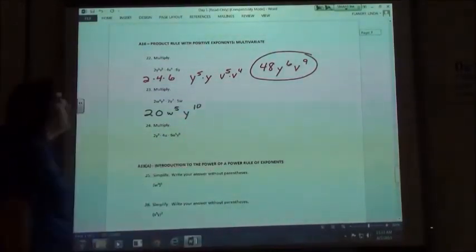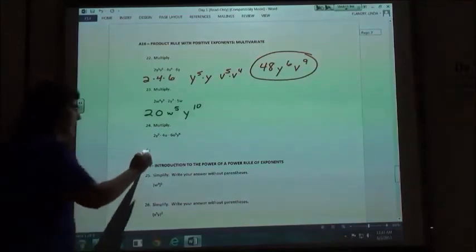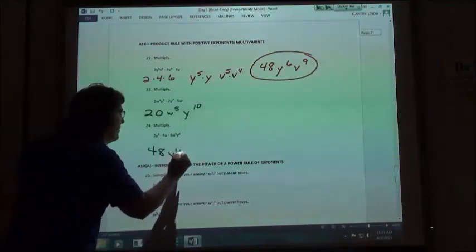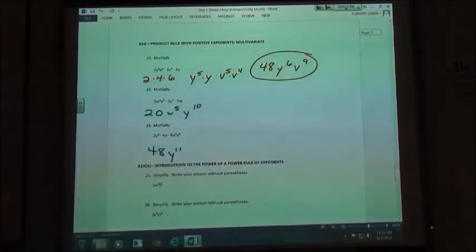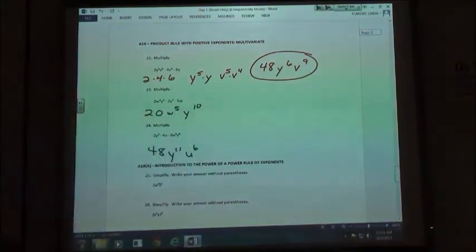So 20 w to the fifth, y to the 10th. Number 24, if I do 2 times 4 times 6, 48. They like that today. Y to the fifth times y to the sixth, y to the 11th, and u times u to the fifth, u to the sixth. So 48, y to the 11th, u to the sixth.